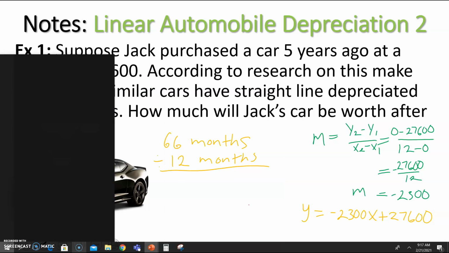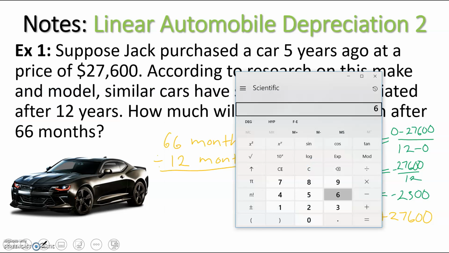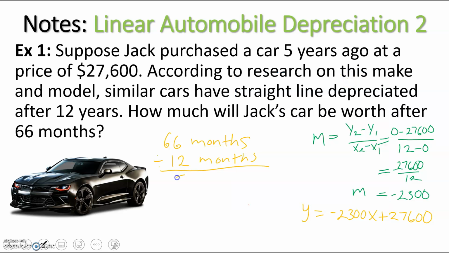Okay, so let's use our calculator. 66 divided by 12 is 5.5 years. So we want to know how much his car is worth after 5.5 years. And we're going to do that by taking this 5.5 years and plugging it into x, which represents years.